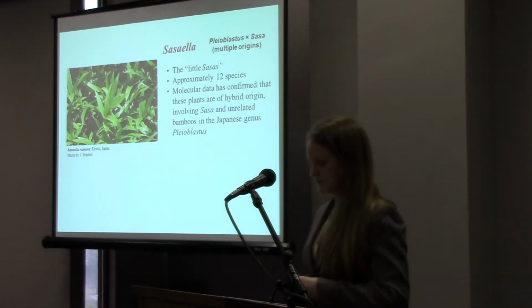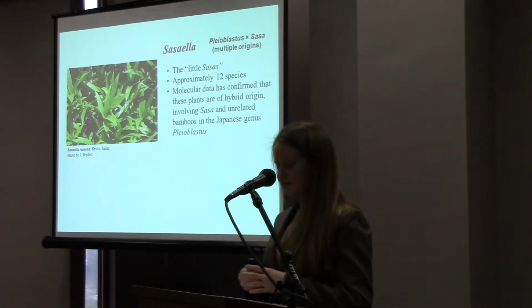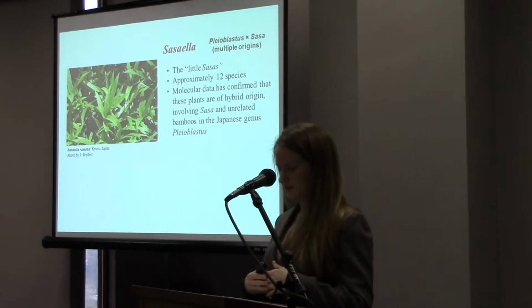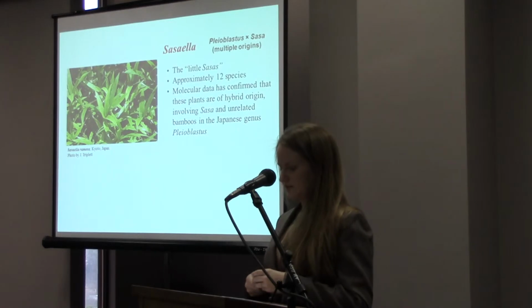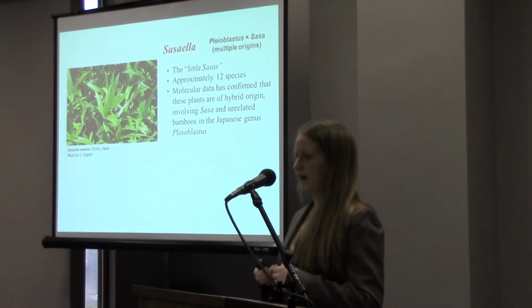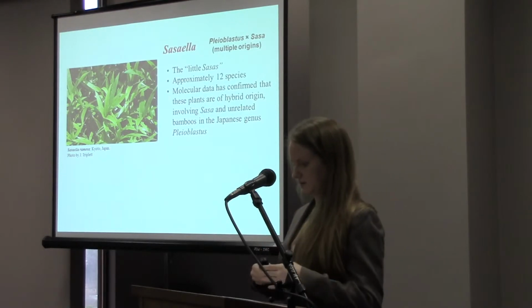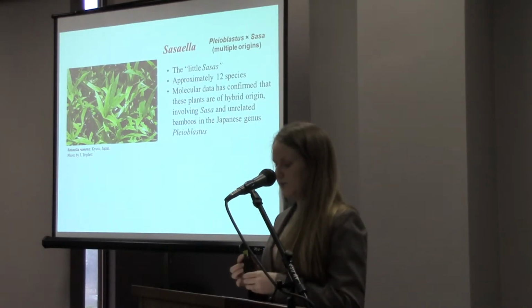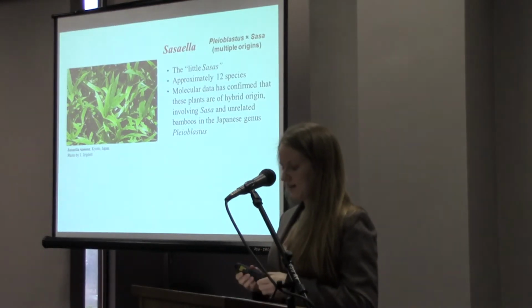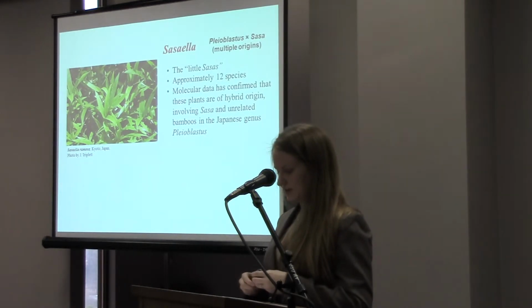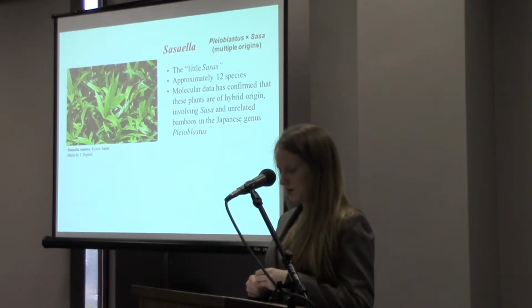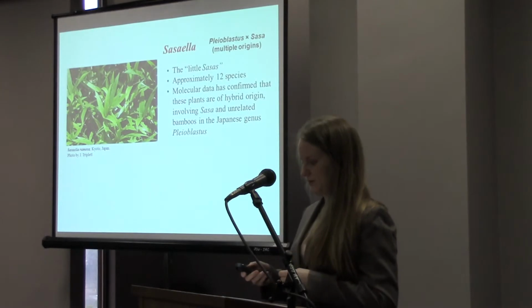Sasaella, also known as the little sasas, consists of approximately 12 different species from multiple origins. Pleioblastus and Sasa hybridized multiple times, creating multiple species. Molecular data has confirmed that these plants are of hybrid origin involving Sasa and unrelated bamboos in the Japanese genus Pleioblastus.